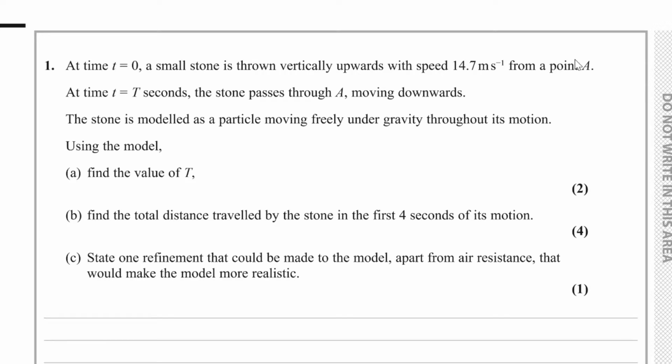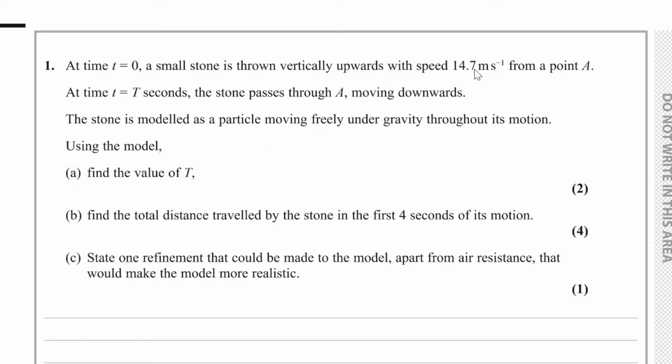Well, it's thrown upwards from the point A, and then when t equals t, it passes back through A. So the displacement from A to A is equal to 0.